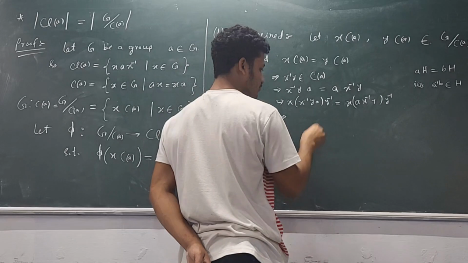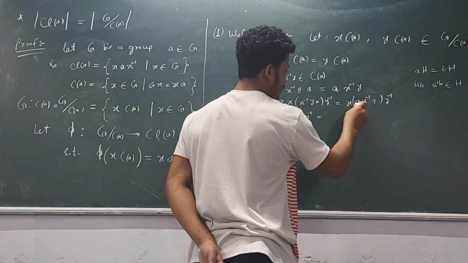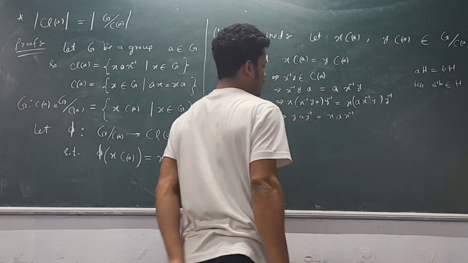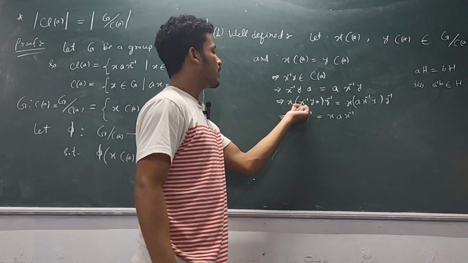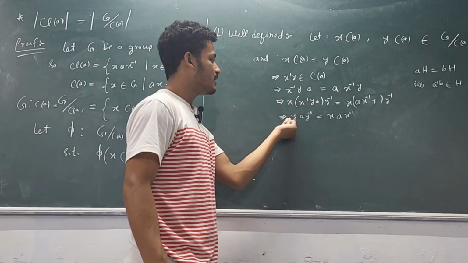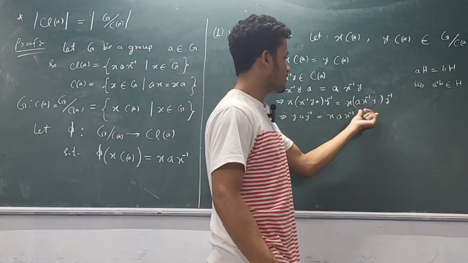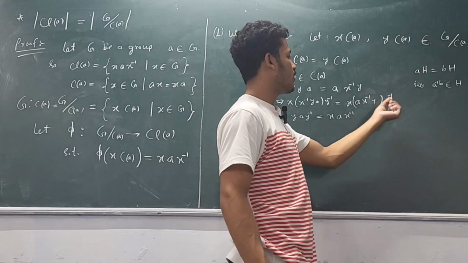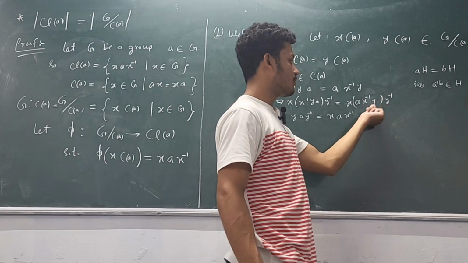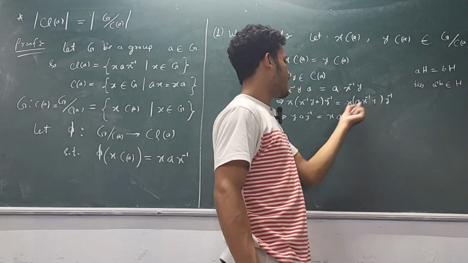Then you will get y inverse is equal to, from here we will get x inverse, because when the bracket is removed, x inverse x will be identity and y inverse remains, and similarly where this bracket is removed, y y inverse will become identity e and x inverse remains.